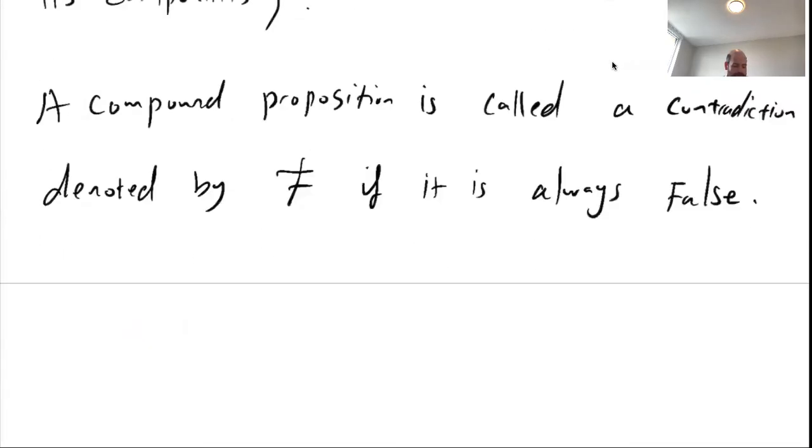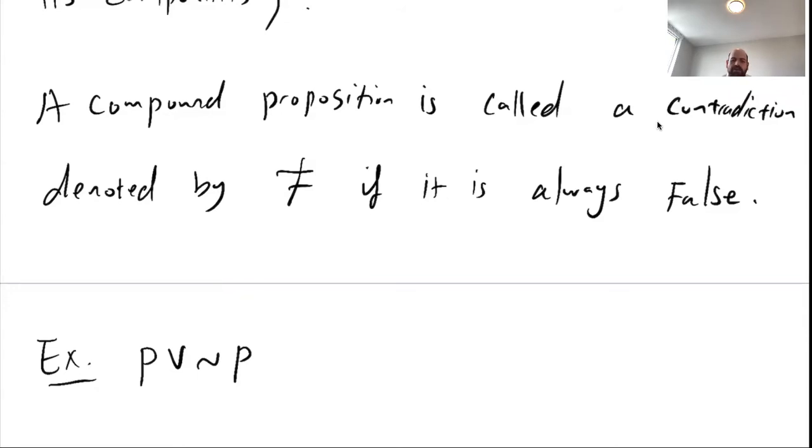Okay, so for example, P disjunction negation P, in other words, P or not P. This is a compound proposition with two parts, P and negation P, connected with disjunction.